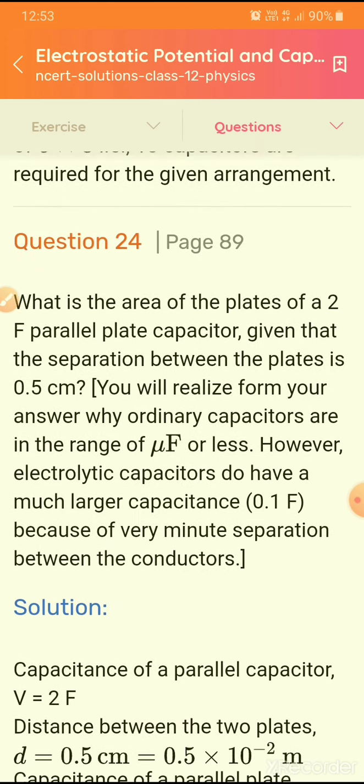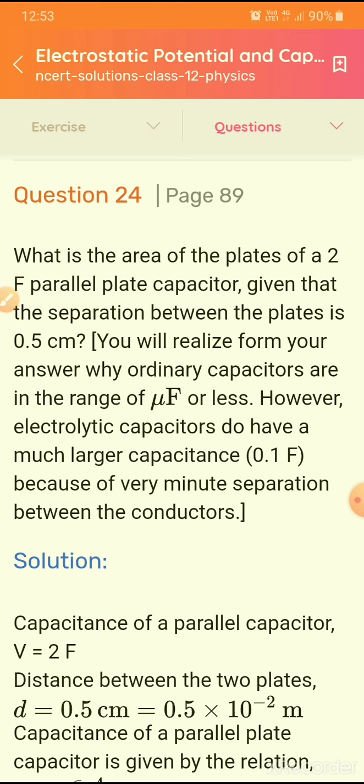Okay, then we can go for question number 24. What is the area of the plates of a 2 farad parallel plate capacitor, given that the separation between the two plates of the capacitor is 0.5 centimeter? Here you will realize from your answer why ordinary capacitors are in the range of microfarads or less.